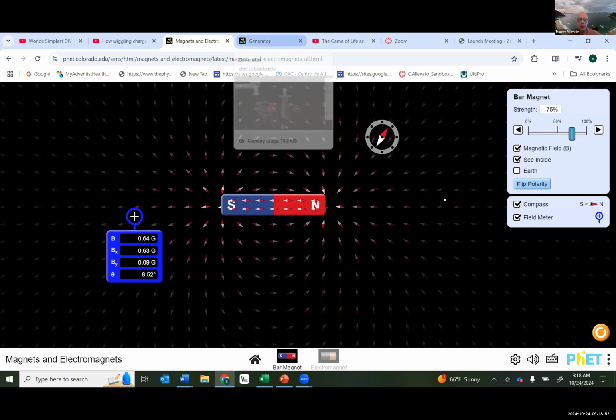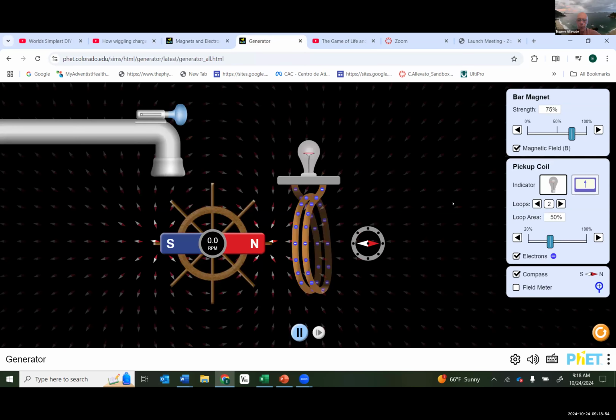The other one here is this other activity, where right now nothing is happening. We do have a magnet. The magnet is not moving. The coil itself is not moving, and there is no current. You see the light bulb is not turned on, right?